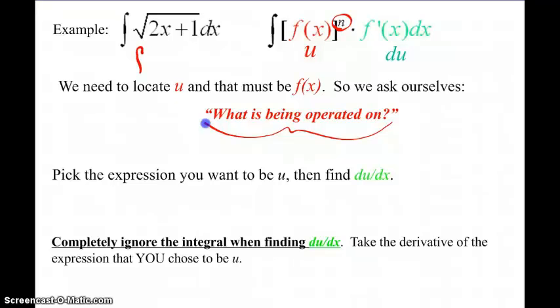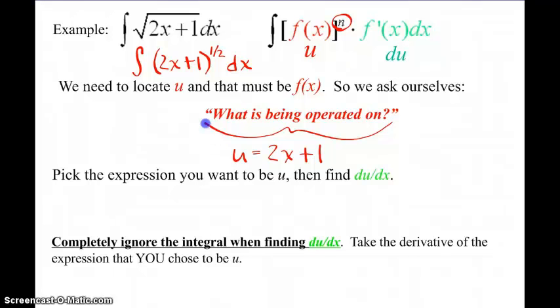If I rewrite this integral, it would be the integral of 2x plus 1 raised to the power of 1/2. So what's being operated on here, my first natural choice for u, is the function 2x plus 1.